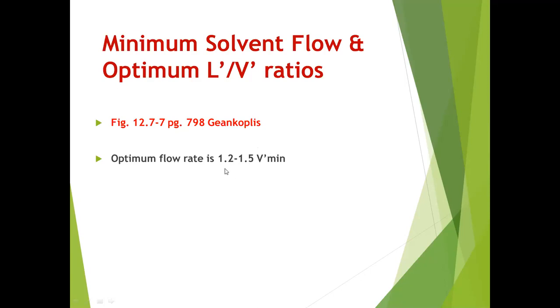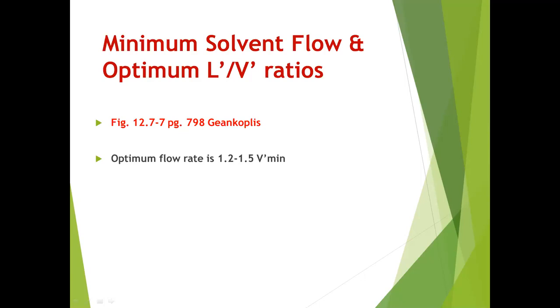Now, in John Copley's figure 12.7, page 798, you have the illustration on how to determine the minimum solvent requirement for stripping. The same applies for extraction, because in stripping, we're taking out a component of interest from a liquid.